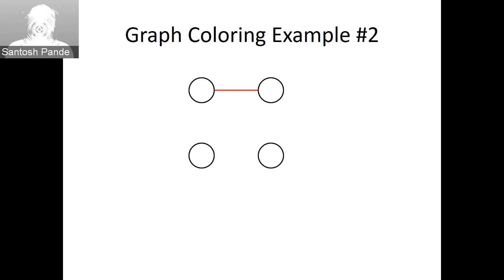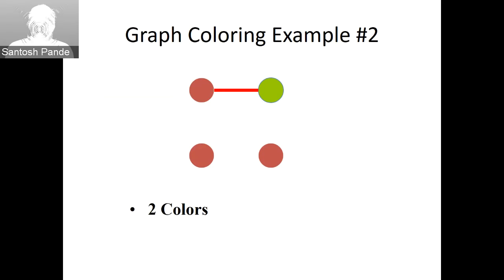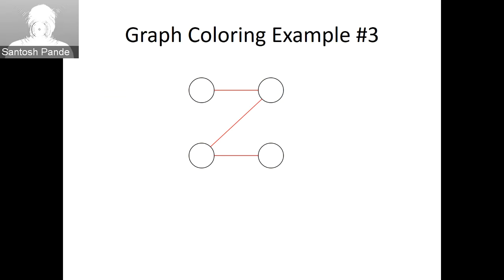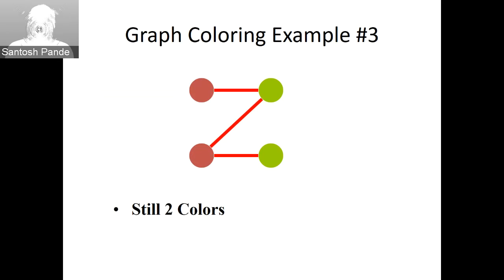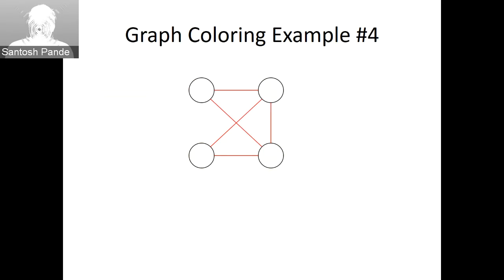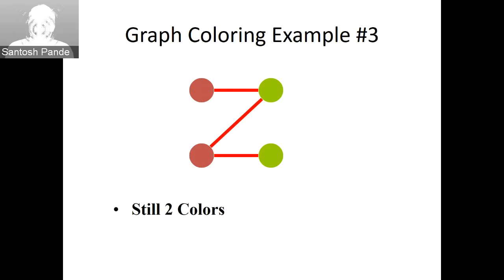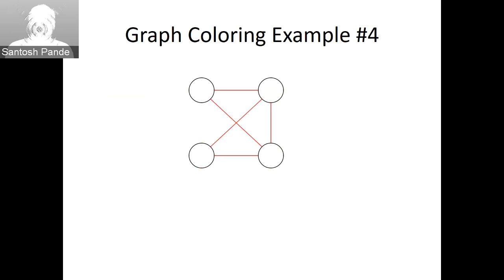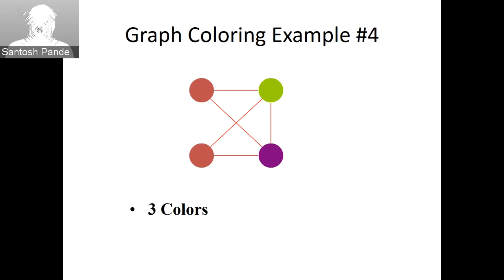It has to have at least two colors because there is an interference. Then this one is still two colorable. You can see that we can alternate between the colors here. But the moment we introduce another edge, a couple of edges introduced here, the problem changes, and now you can see that this is not two colorable, but it must have three colors.